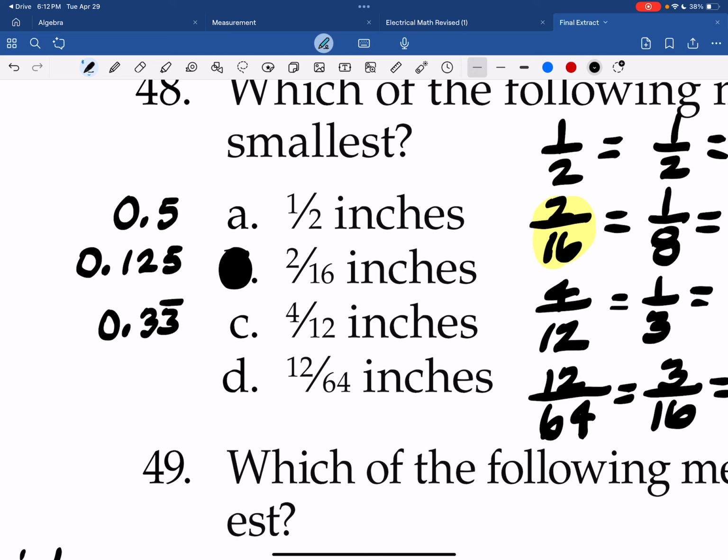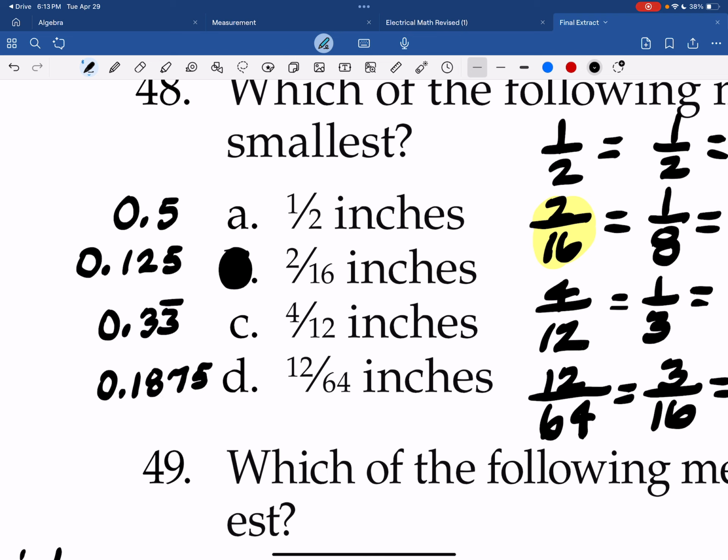This one I do not know, so I'm going to use my calculator. It's going to be close to 1/3. So let's do 3 divided by 16. It wasn't close to 1/3. It's close to 1/4, sorry. 0.1875.